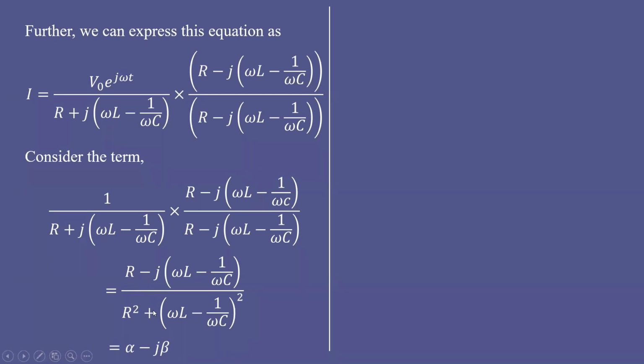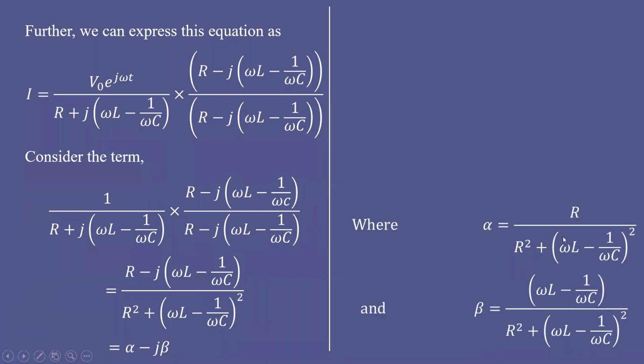Alpha is R divided by this denominator, and beta is (omega L minus 1 by omega C) divided by the denominator. So we have got the complex number alpha minus j beta, with alpha and beta defined using these two expressions.